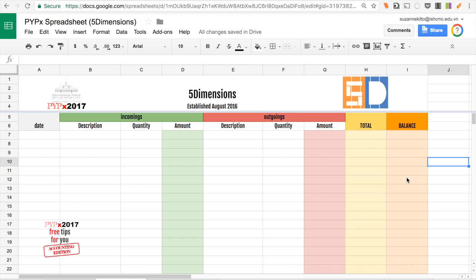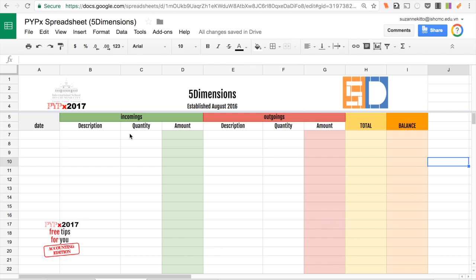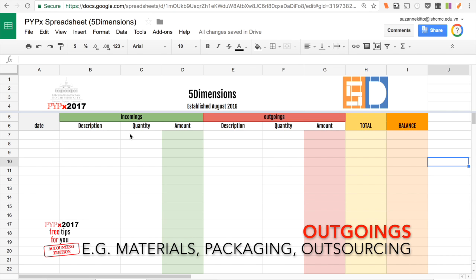Okay, as was mentioned in the presentation before, we're looking at a few things. We've got our incomings. Incomings could include investment, and obviously when you start selling purchases.